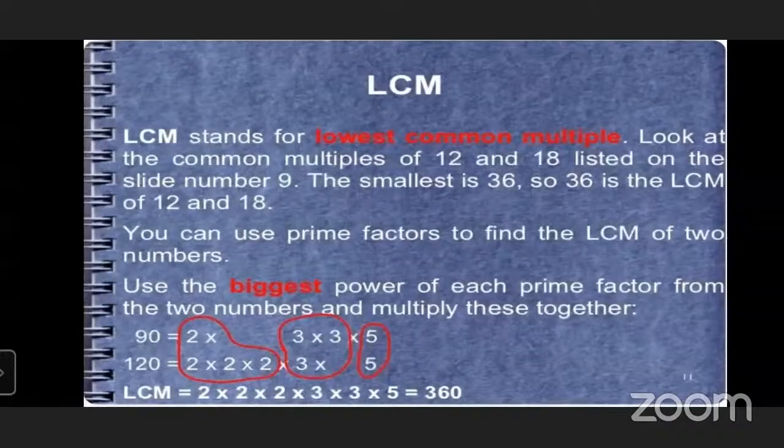Now let's check. 90 is 2 multiplied by 3 multiplied by 3 and 5. 120 is 2 multiplied by 2 multiplied by 2 multiplied by 3 and 5. So we get the LCM by multiplying these factors together. When we multiply, we get 360. So the LCM of 90 and 120 will be 360.